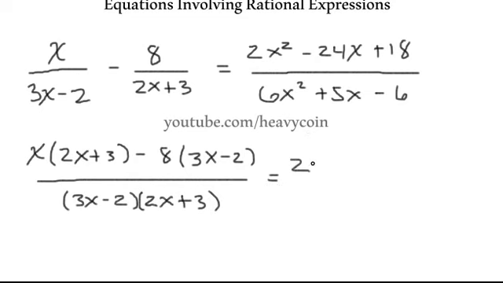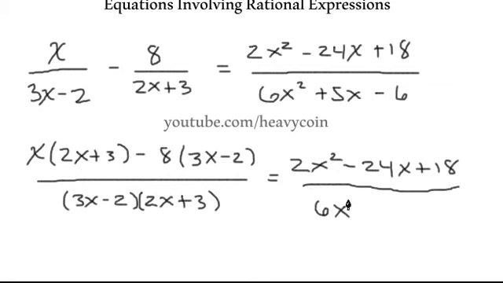We just write it in: 2x squared minus 24x plus 18 over 6x squared plus 5x minus 6.